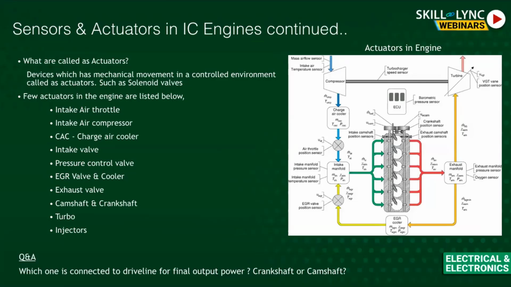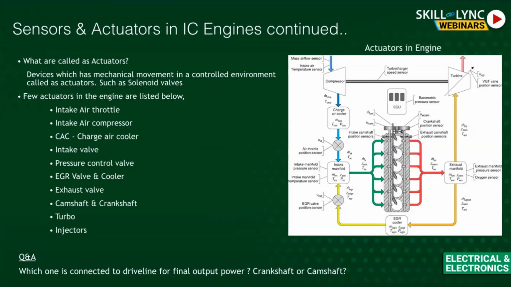That's where this throttle is used. The throttle just moves from 0 to 100% position. If it rotates to some 20% position, the remaining 80% will be free and 80% gas will come inside. If it is half open, 50%, then a 50% amount of gas will come into the picture. So basically, it's an actuator.